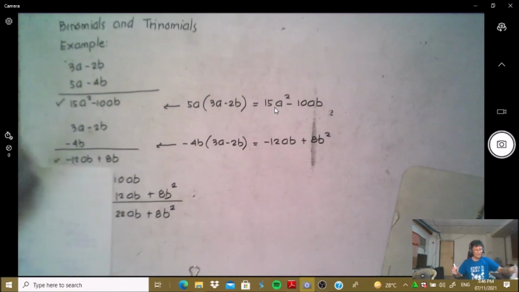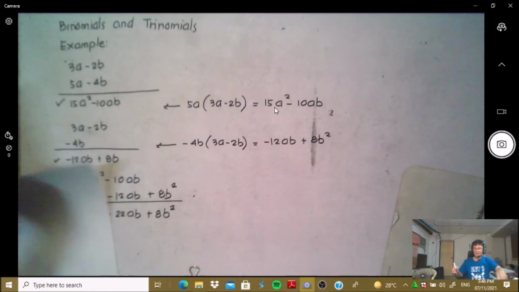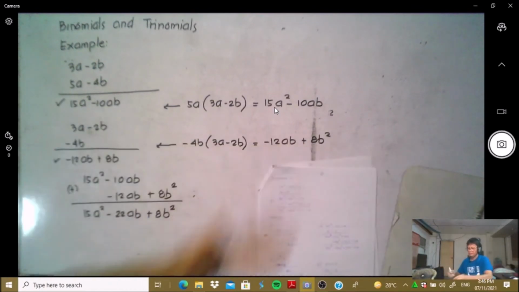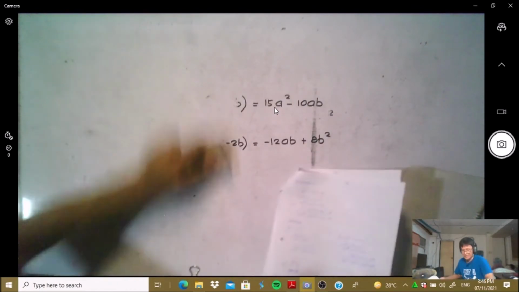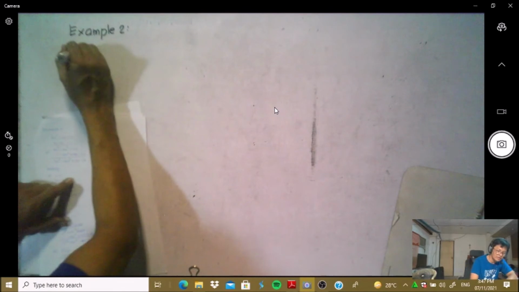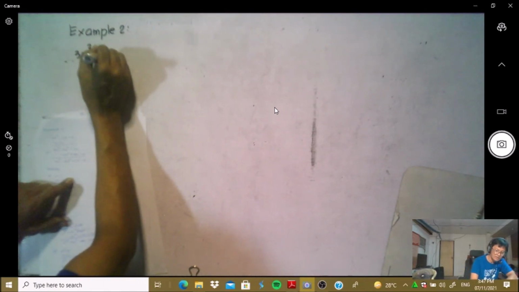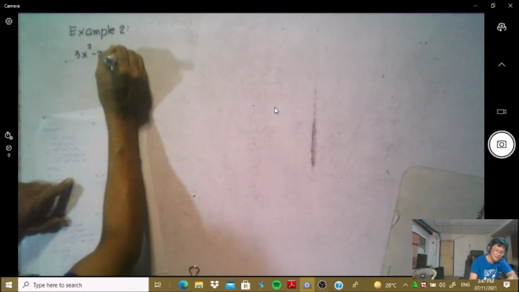Okay, for our second example, let's solve our second example. Example 2. So we have 3x squared minus 2x plus 3. Then we have x minus 2.